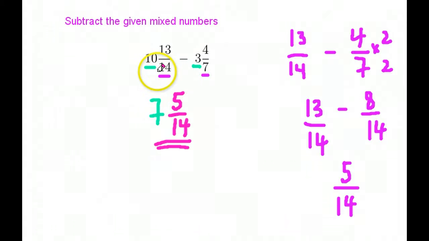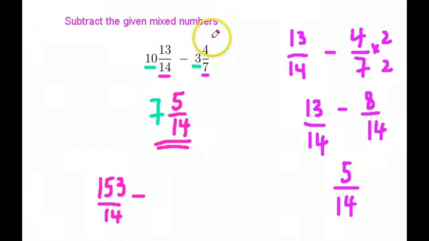If I change into improper fraction, it is 14 times 10 is 140 plus 13, it would be 153. It is 153 over 14. Similarly, I can convert this one into an improper fraction. 7 times 3 is 21, 21 plus 4, 25.